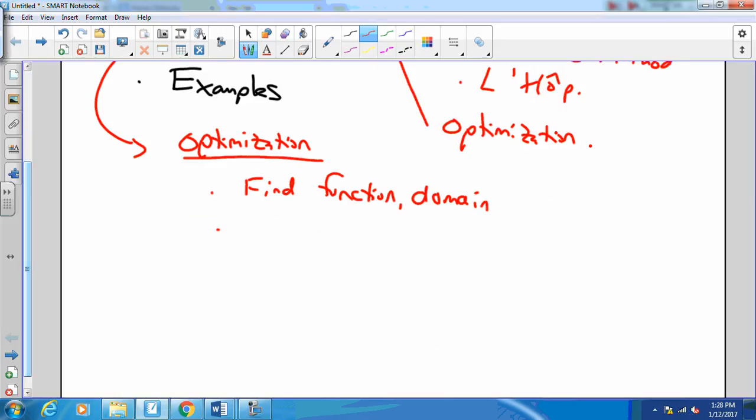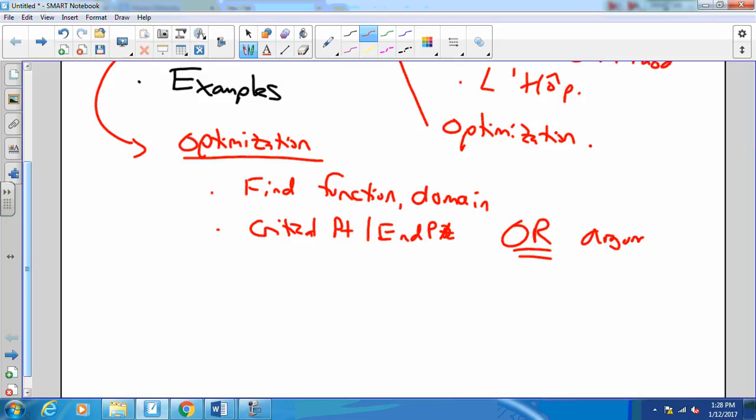Having established the function and its domain, now I have a choice of methods: either critical point endpoint, or argument from the sign of f prime. How does the critical point endpoint method work?